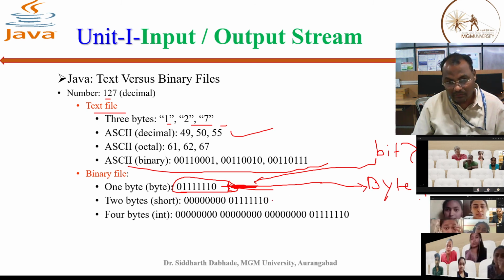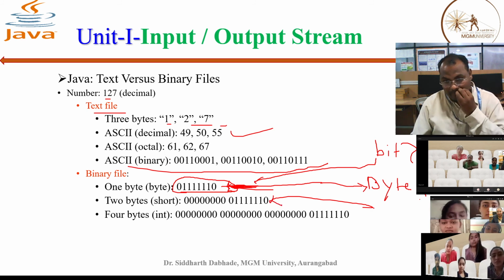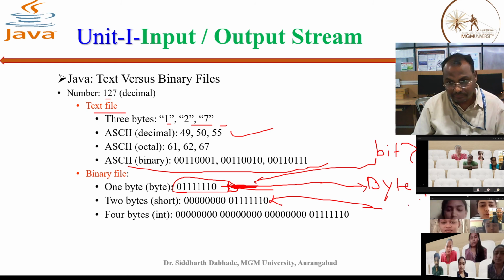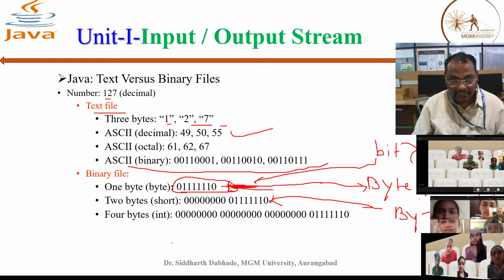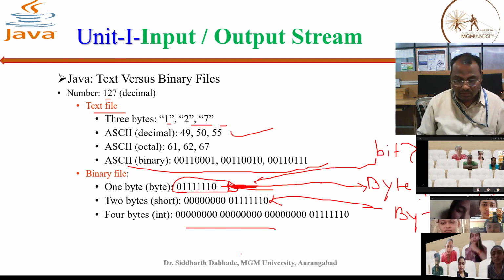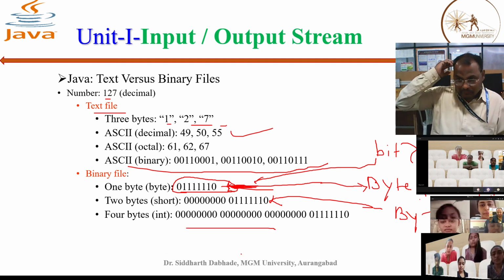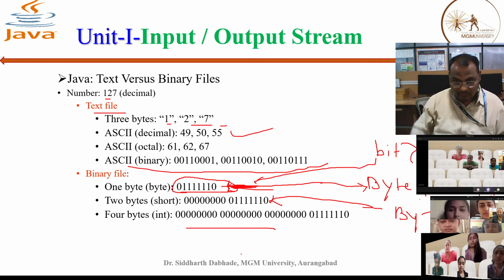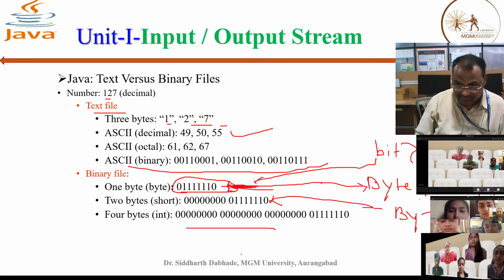In this file? 2 bytes. Right. And the last file? 4 bytes. And bits? 32.